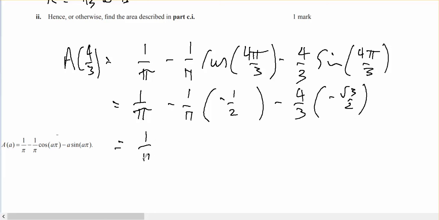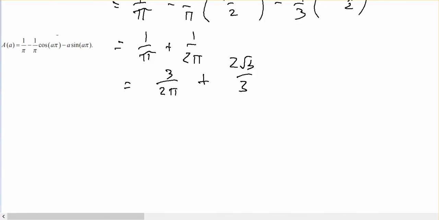So 1 on pi plus 1 on 2 pi, which is 3 on 2 pi, plus 2 root 3 on 3.